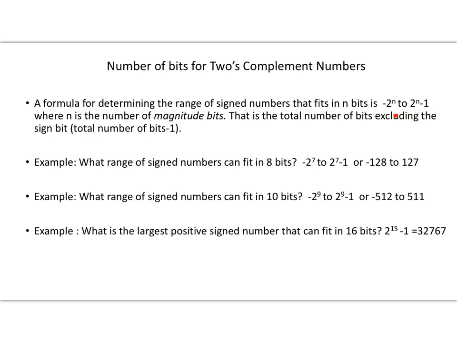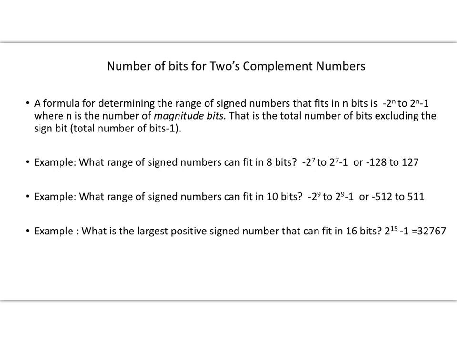Now, the thing that's very important about this formula is n is the number of magnitude bits. That's the total number of bits excluding the sign bit, which just amounts to the total number of bits minus 1.